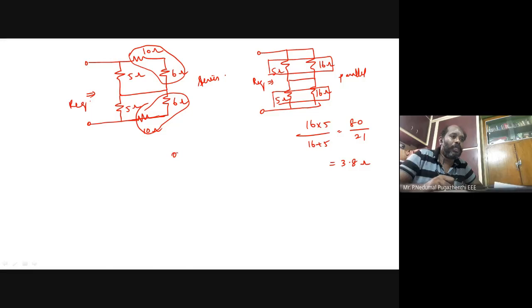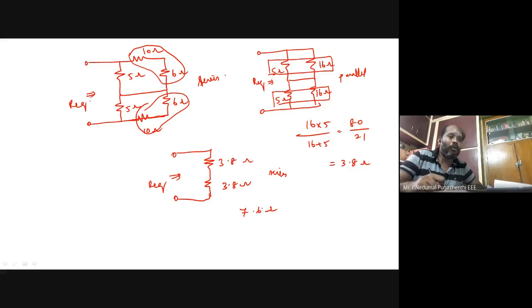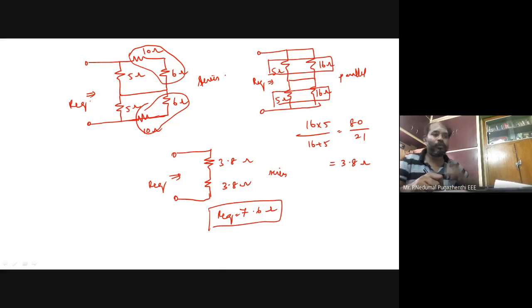So finally I have two resistors of the value 3.8 ohms. They are in series. So you will get 7.6 ohm as the R equivalent value.